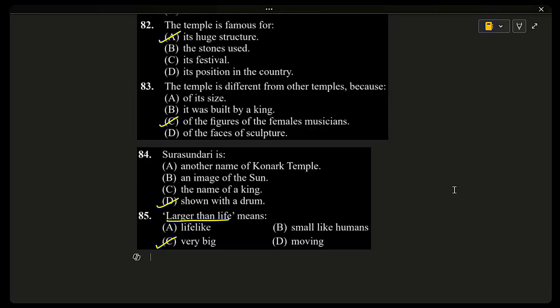Suppose when you see one sculpture, you feel it is not a sculpture, I see a real woman standing there. If you say that, that means it is lifelike. It is looking like a human being. Then we can say lifelike. But larger than life means bigger than the normal life things, whatever is happening. Okay, sir. Very big.